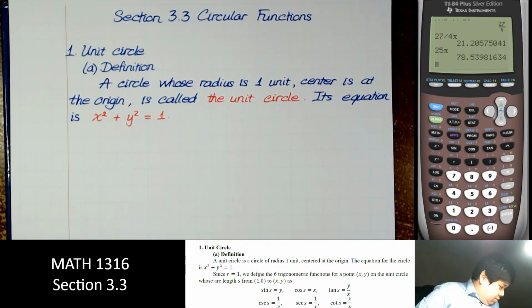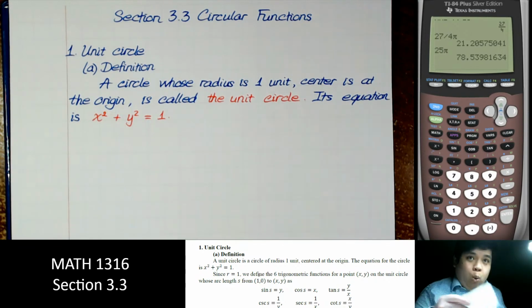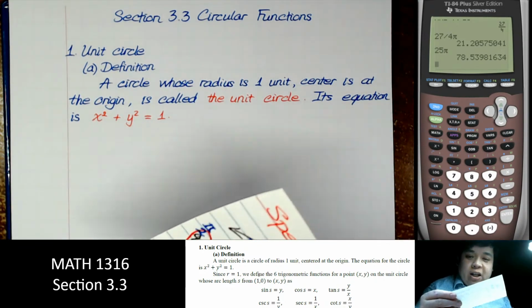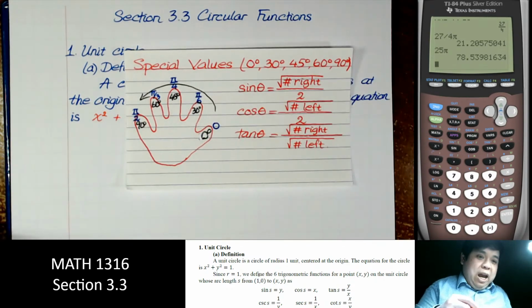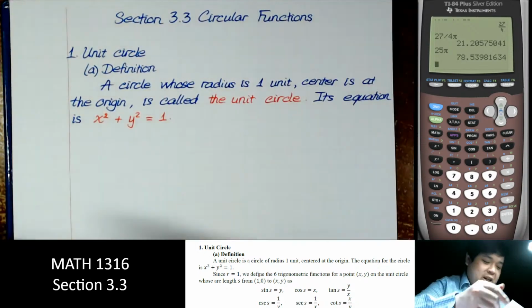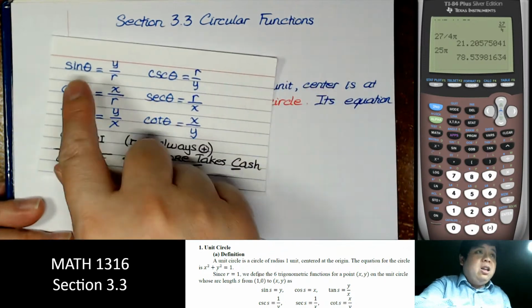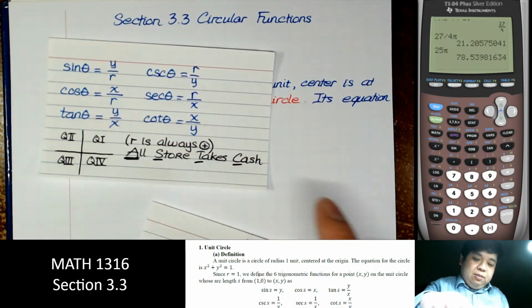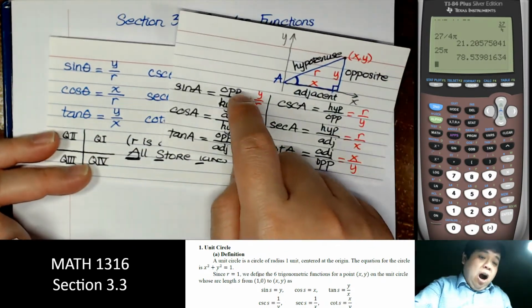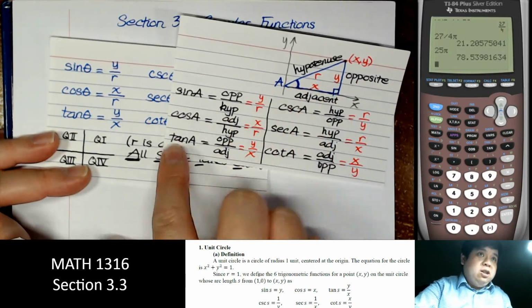Before we continue, I want to go back to the quick reference part that we have. So again, we have special values for angles. We'll get back to that in a minute. Definition of trig functions: we can define things using x, y, and r, or we can define using opposite, hypotenuse, and adjacent.